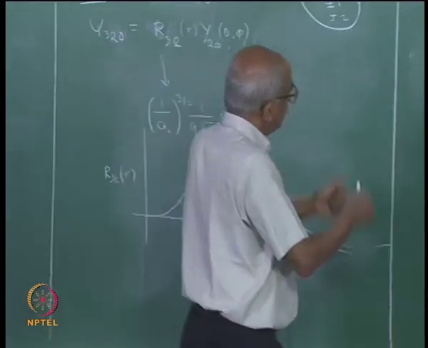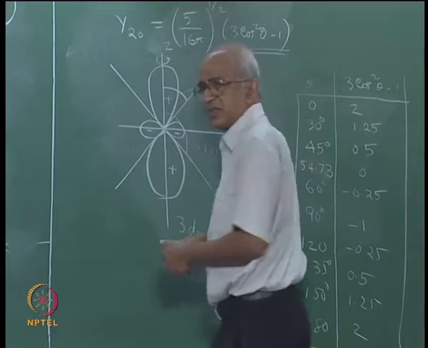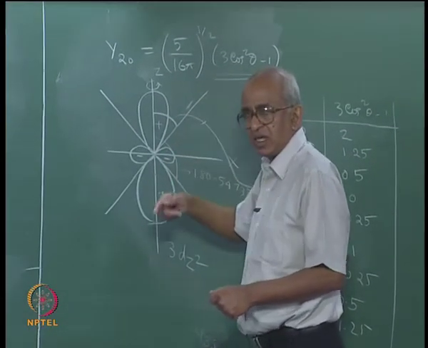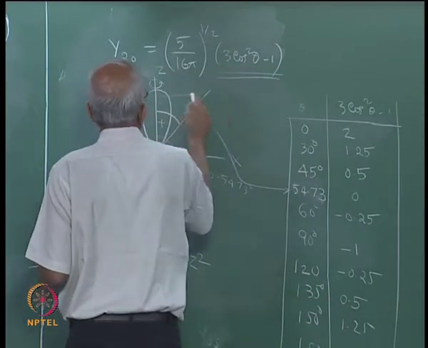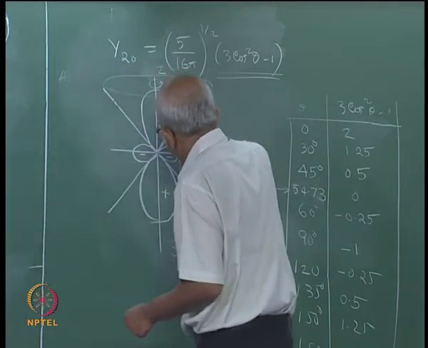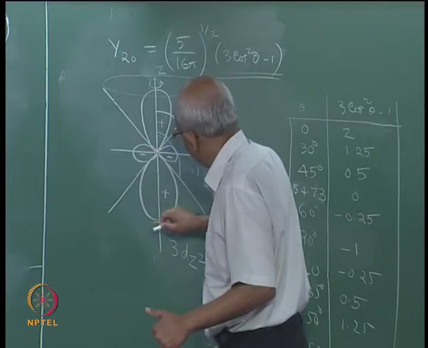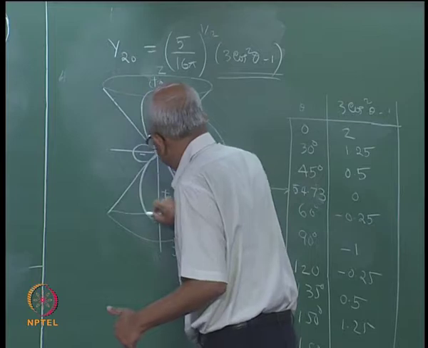So, when you get the 3-dimensional appearance by rotating about the z axis, you think of what will happen to these lines. These lines actually will describe a cone, something like that, such that the internal angle of the cone is 54.73 degrees, and similarly these lines will also describe another cone.